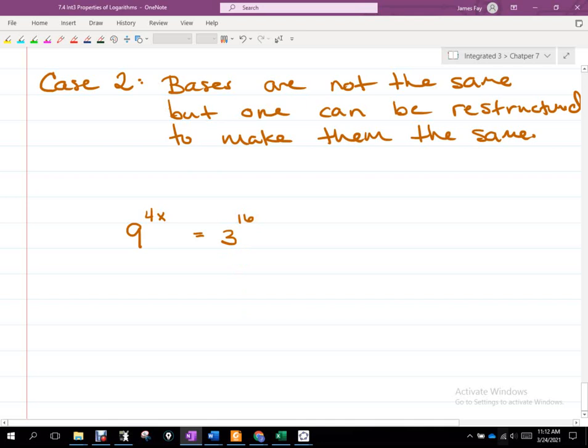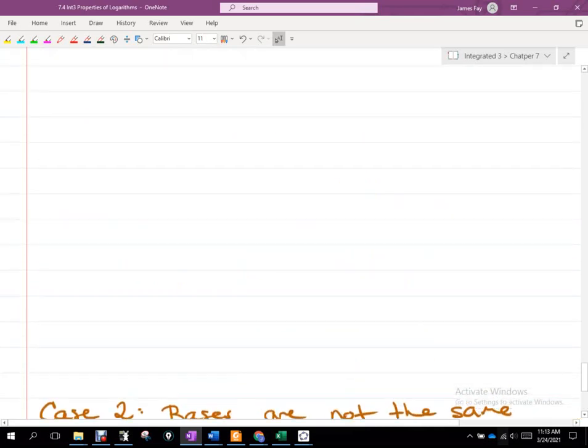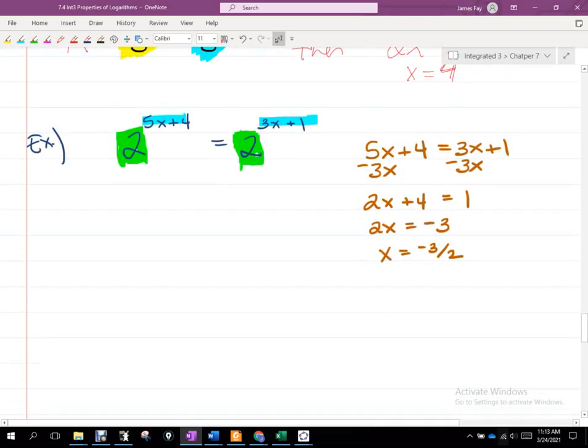Okay, so we see it's exponential again, right? The exponent carries the variable, but because the bases are different, the technique we were using earlier, called a one-to-one correspondence, doesn't apply yet. The only way these two sides are going to be the same is if the exponents are the same, because the bases are identical.